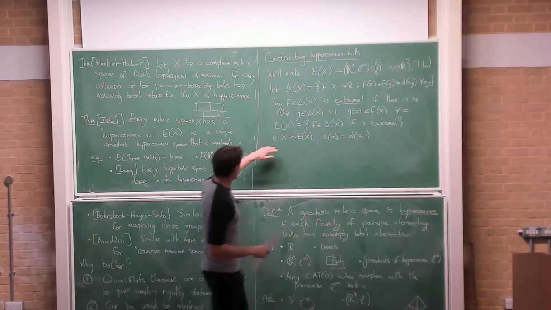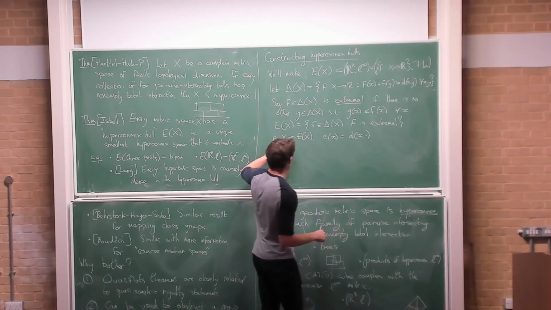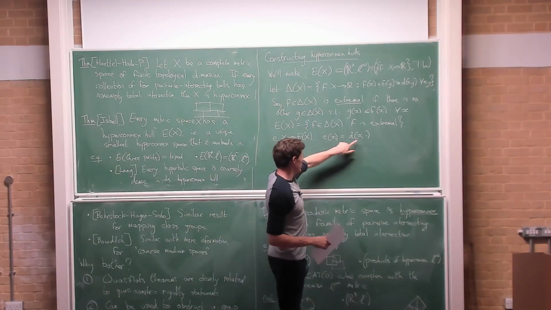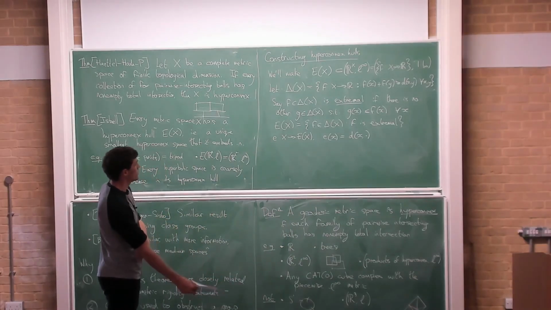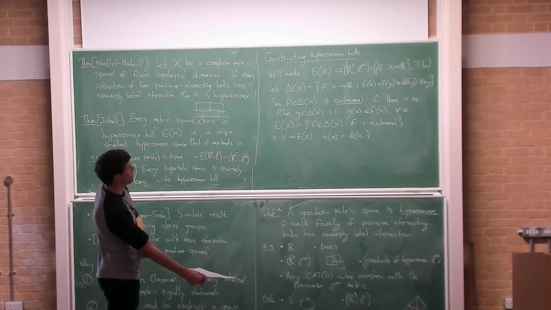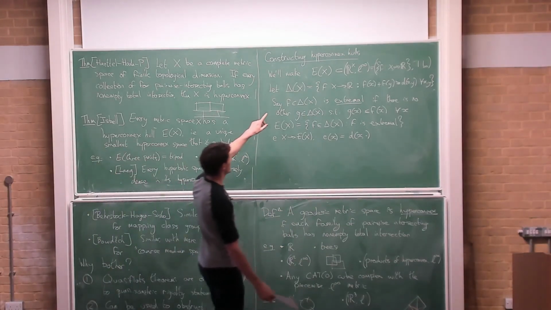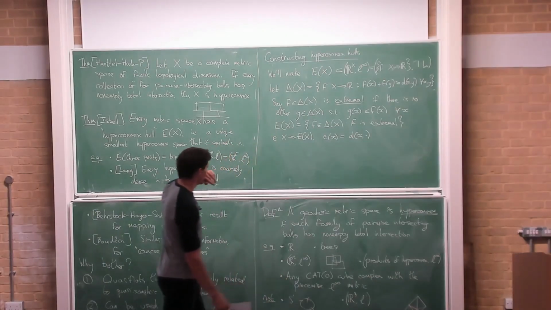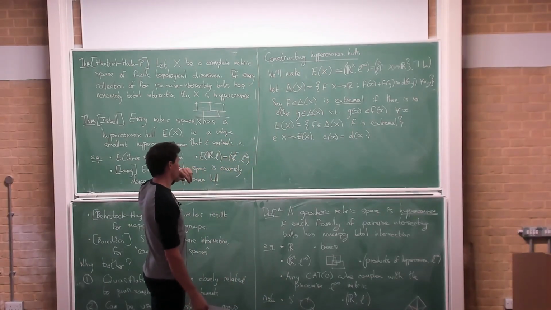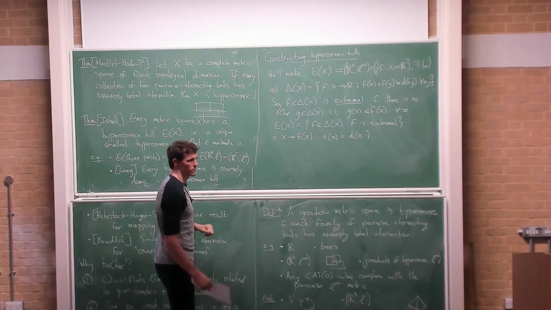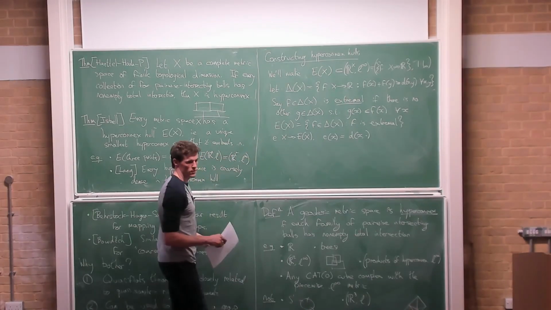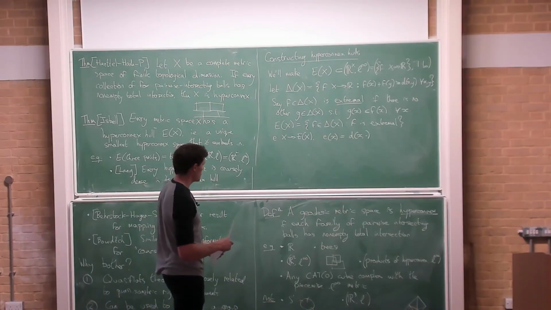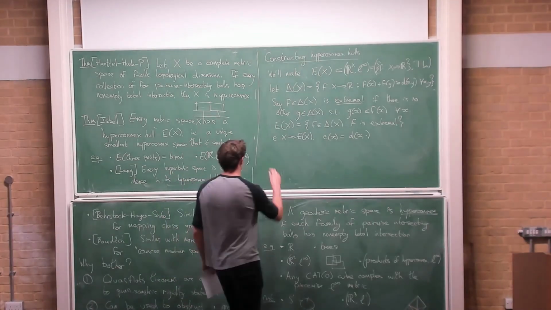So in particular, this function E(x) evaluated at x is 0. That's how it lives inside, and you can check that this thing is an isometric embedding.